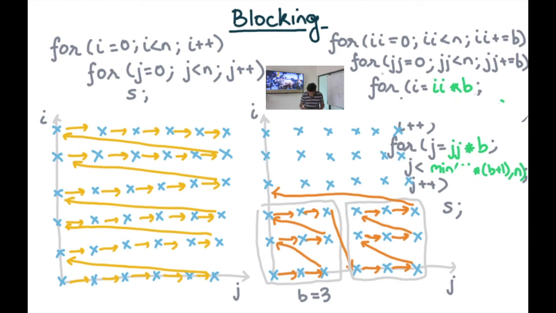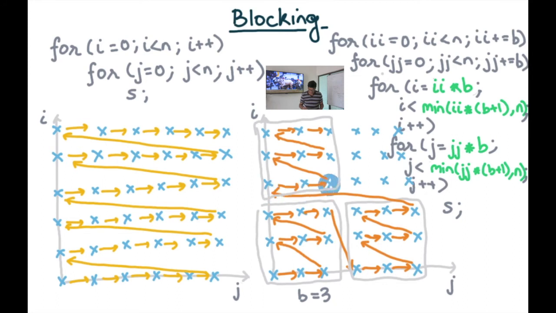So let me erase this code, because I think we've already corrected this in a previous slide. Then I go from here to here, and this is again a 3 cross 3 block. And so we get another 3 cross 3 block and so on. Finally, in this toy example, because I chose B to be 3 and N to be 6, I basically have 4 blocks.